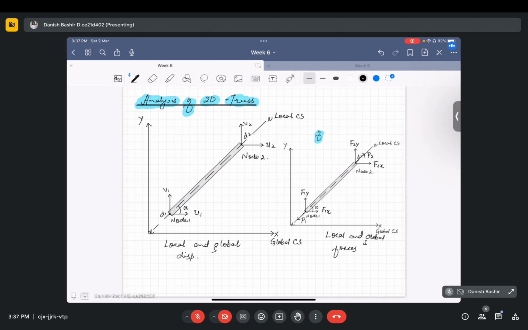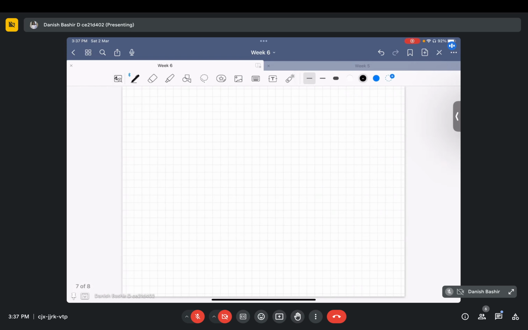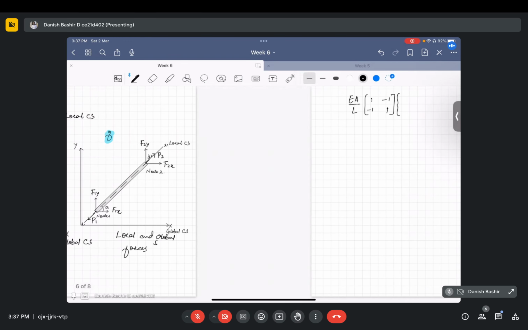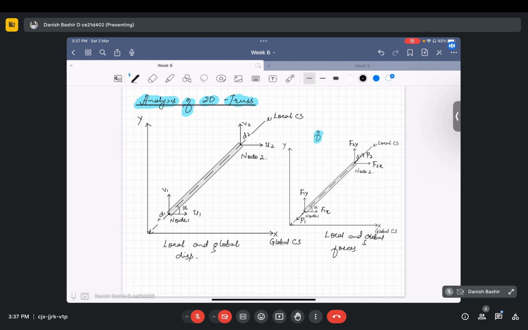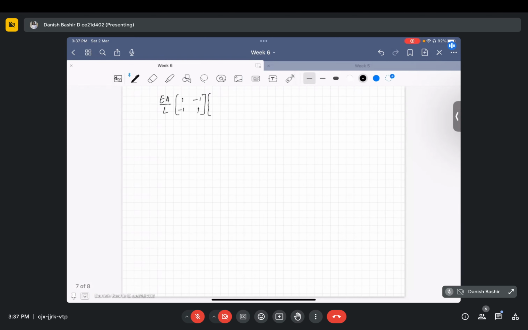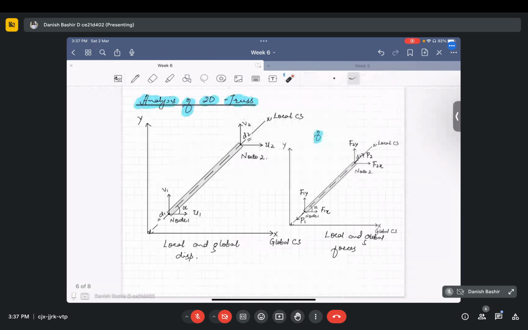Okay. So in the local coordinate system, we can easily write the element equation for this bar element to be equal to, you people know that, EA by L times the matrix [1 -1; -1 1]. Then in the local coordinate system, its nodal displacements are d1 and d2, equal to the nodal forces in the local coordinate system, p1 and p2.